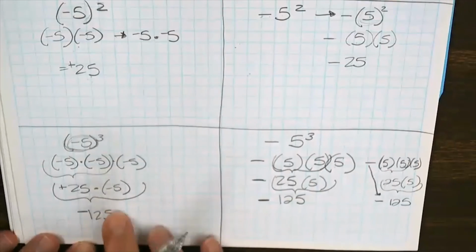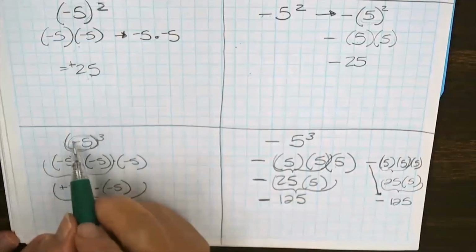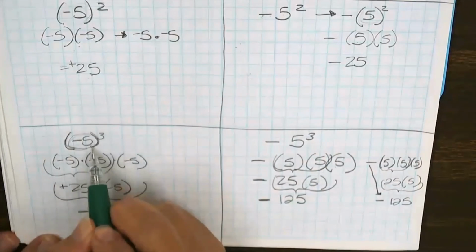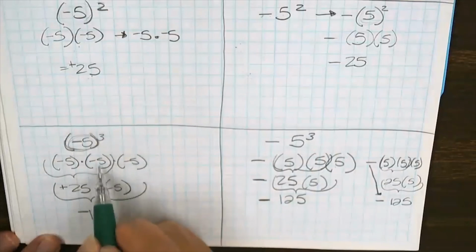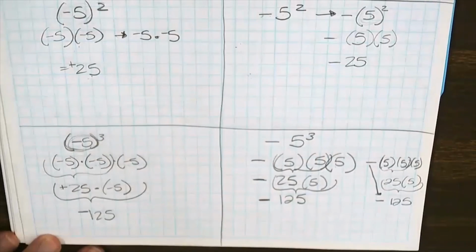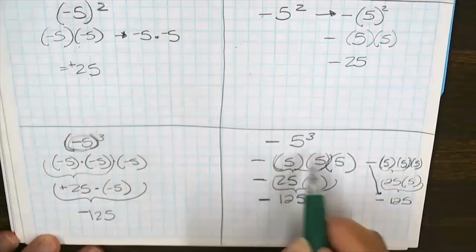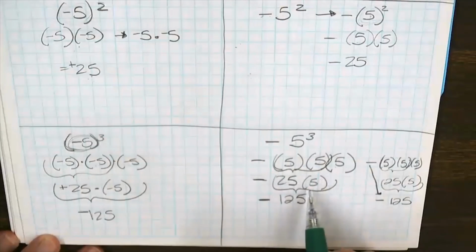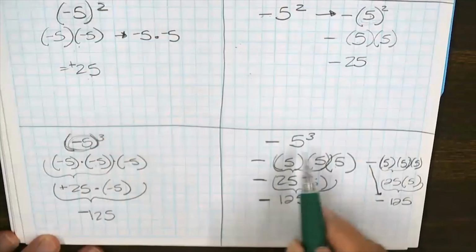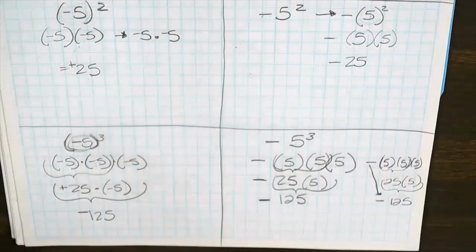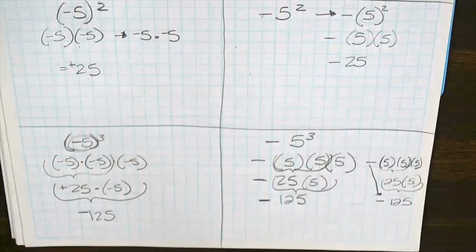And the same is true when we're cubing. If the negative sign is in the parentheses, it is part of the base that is being multiplied. If it is not in parentheses, it is not part of the base. Only the 5 is being multiplied. Okay? So that's what we're working on today.